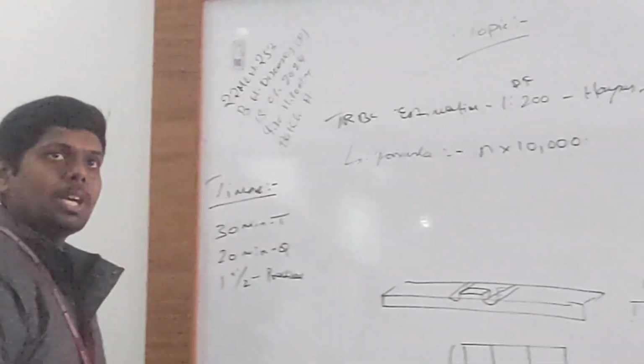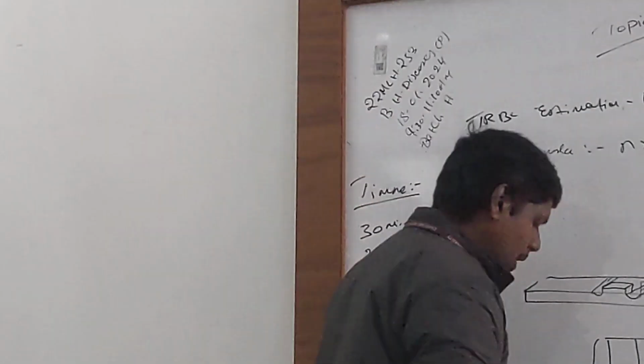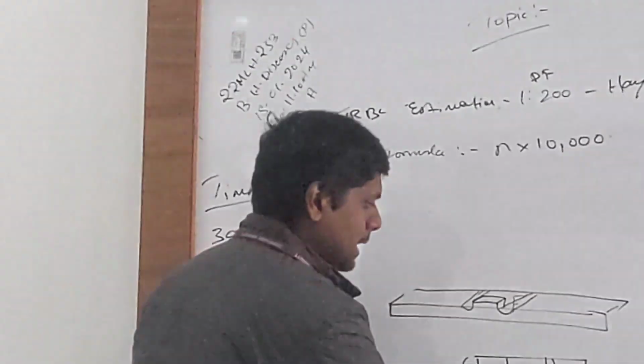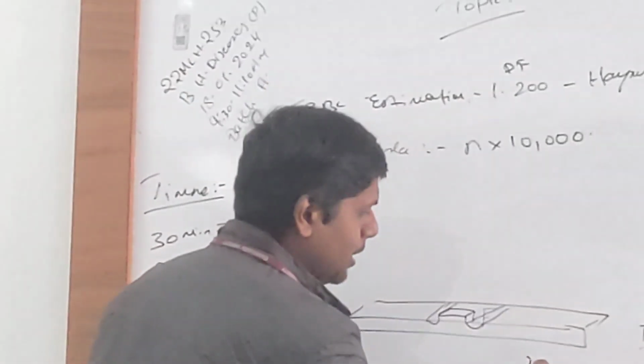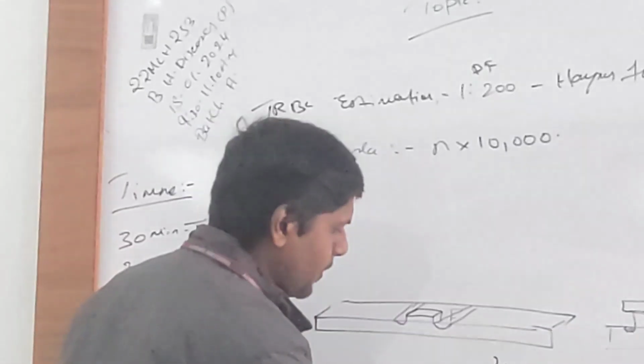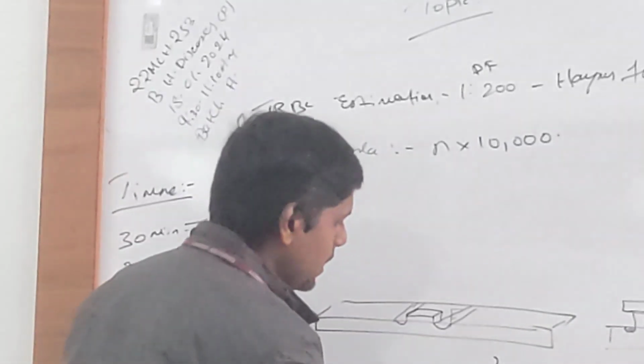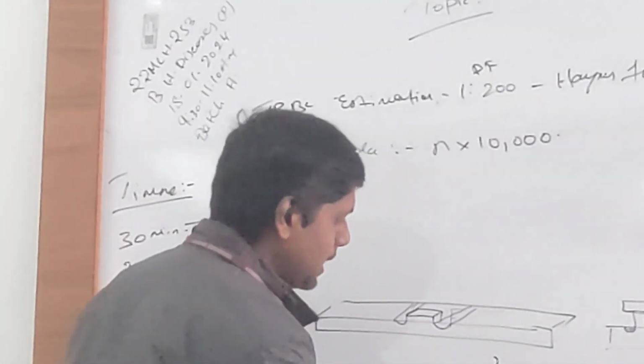Then this is the 4 into 4 grid, you already know, and this is the 5 into 5 grid.